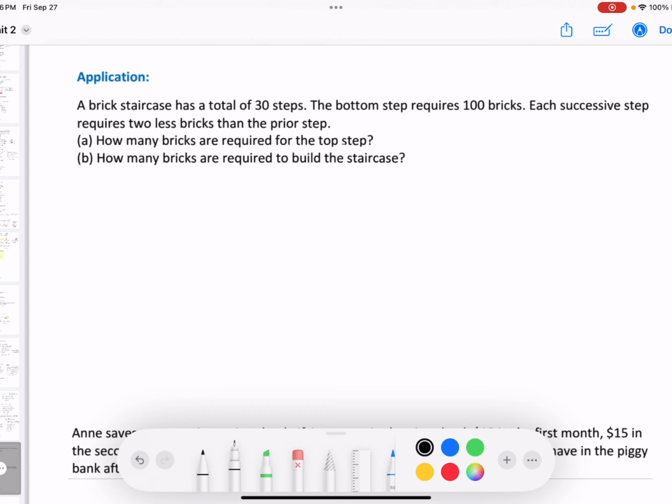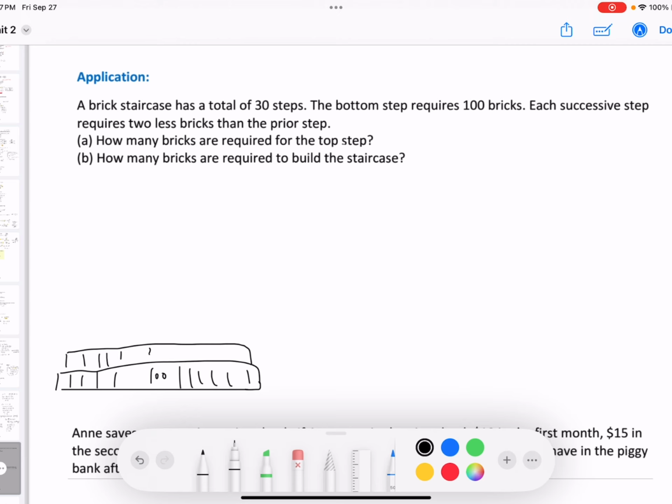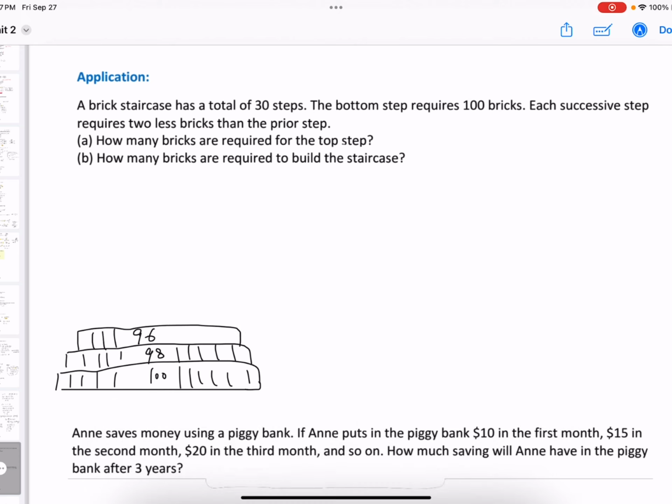We can make an image of the stairs. This is the first step. In total we have how many? 100 bricks. And then the next stair, how many do we have? 98, so 2 bricks less than the previous step. The next step is 96, 2 bricks less than the prior step.